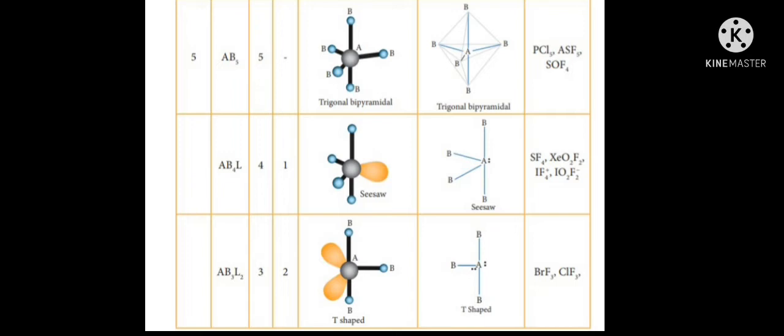This molecule contains 3 AB bonds and 2 lone pair electrons on the central atom A. Due to the presence of 2 lone pair electrons, the shape of AB3L2 molecule is T-shaped. The molecular geometry is shown here. BrF3, ClF3 are examples for AB3L2 molecule.